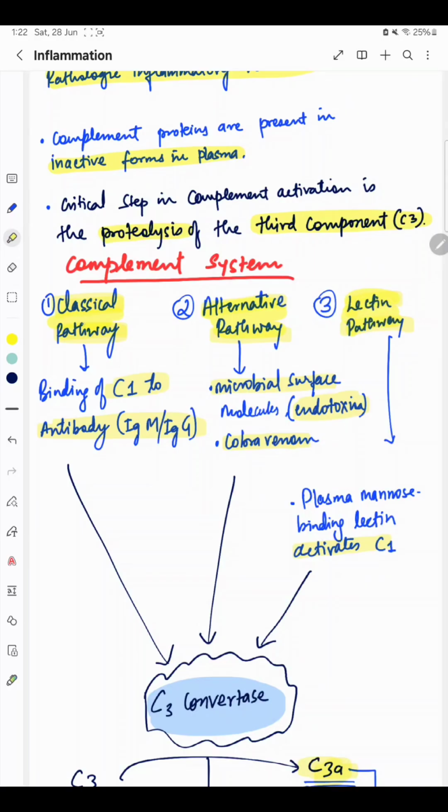In classical pathway, binding of C1 to antibody like IgM and IgG activates C3 convertase. In alternative pathway, microbial surface molecule or endotoxins or cobra venom directly activate C3 convertase. In lectin pathway, plasma mannose binding lectin activates C1, which ultimately activates the C3 convertase.